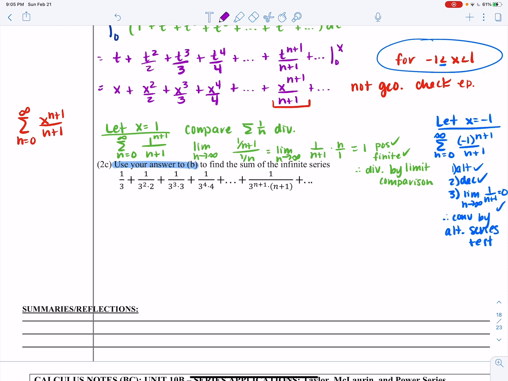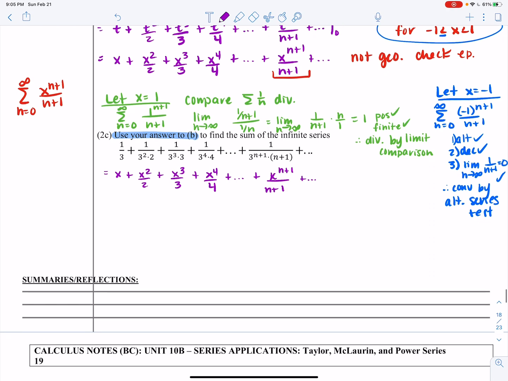In part B, it was x plus x squared over 2 plus x cubed over 3 plus x to the 4th over 4 plus ... x to the n plus 1 over n plus 1. Okay, so that was our original.